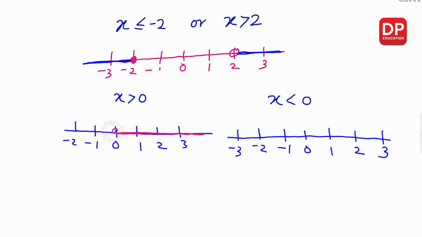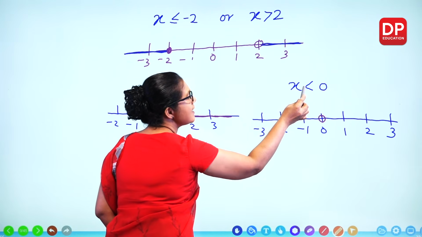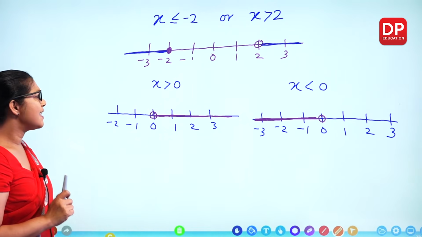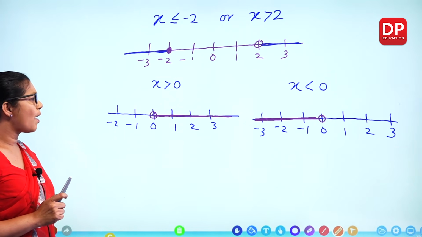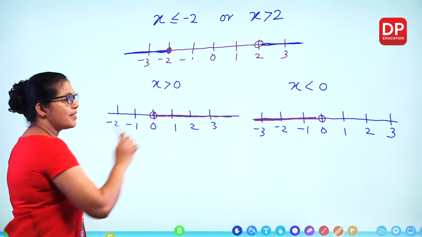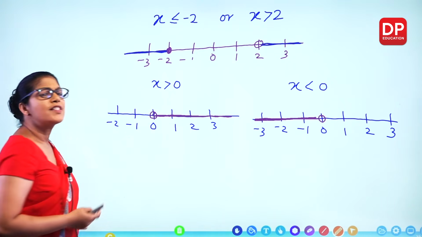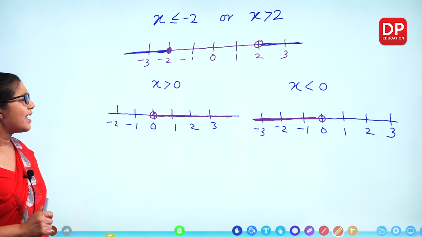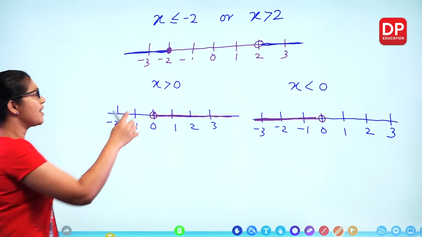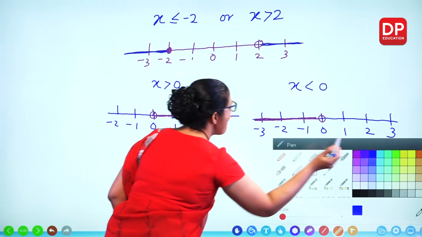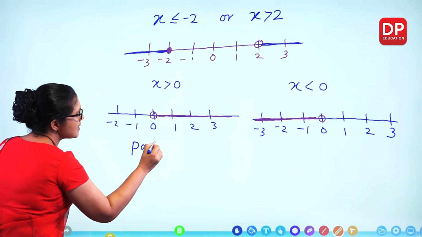Not included, so we use an open circle. What about this one? 0 is with an open circle, and here the less than sign is this one. Now look carefully and see what numbers satisfy this inequality. 1, 2, 3 and 1.1, 2.2, any number above 0. What do you call those? We can say positive numbers. Without writing x greater than 0, we can say these are positive numbers.